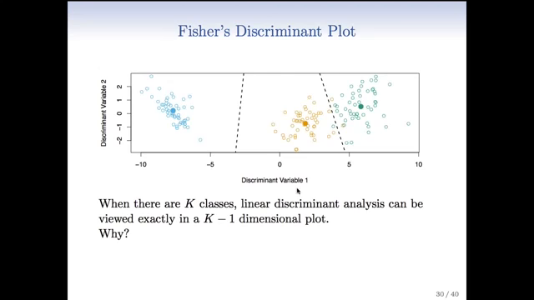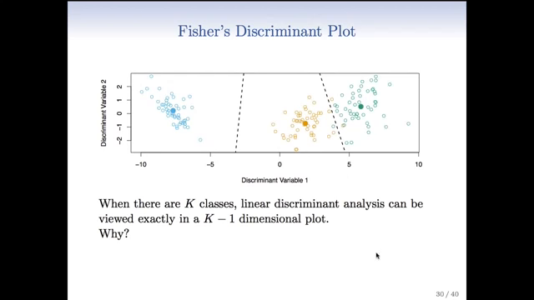I've got discriminant variable 1 and discriminant variable 2 as the horizontal and vertical axes. And it turns out these are linear combinations of the original variables, but they're special linear combinations. And when you plot the variables against these 2, you see really good separation. And these arise from actually performing the linear discriminant analysis.